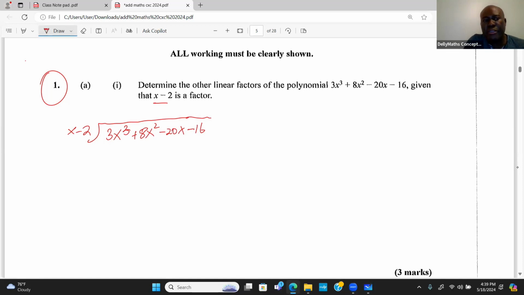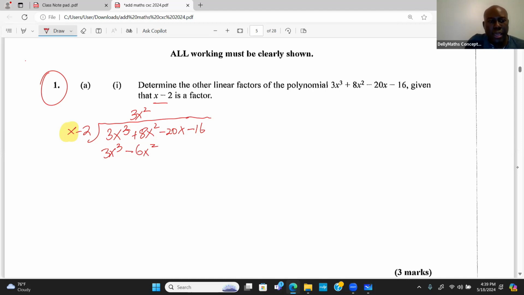So let us go. Whenever you're dividing, you're only using the x. So regular division: you divide, then you multiply, you subtract, you bring down. So x into 3x cubed will give us 3x to the second power. Then 3x to the second power times x minus 2 gives us 3x to the third minus 6x squared.